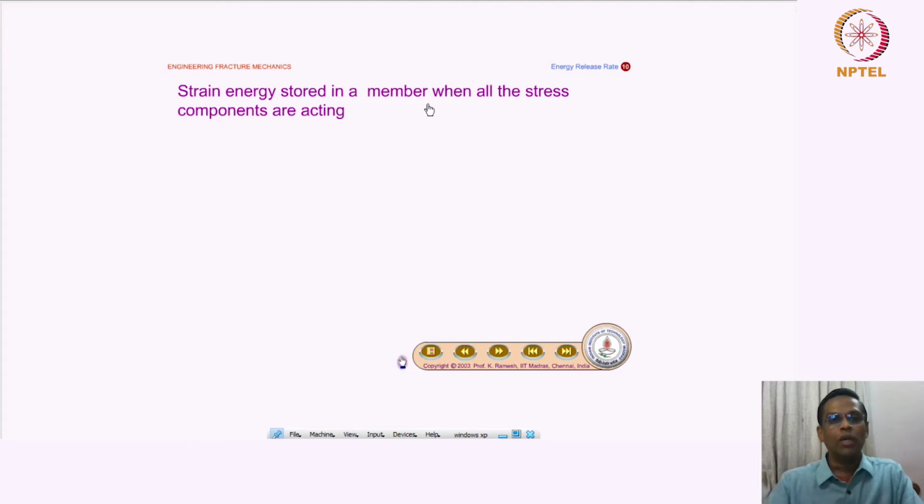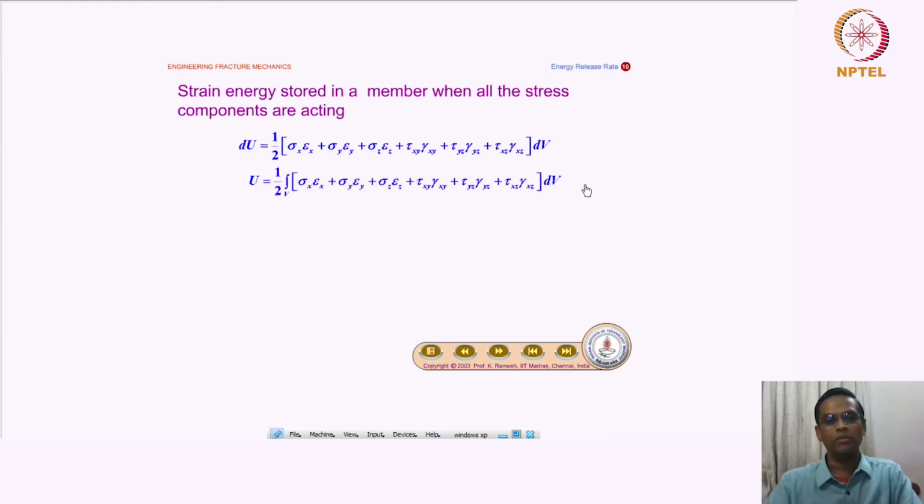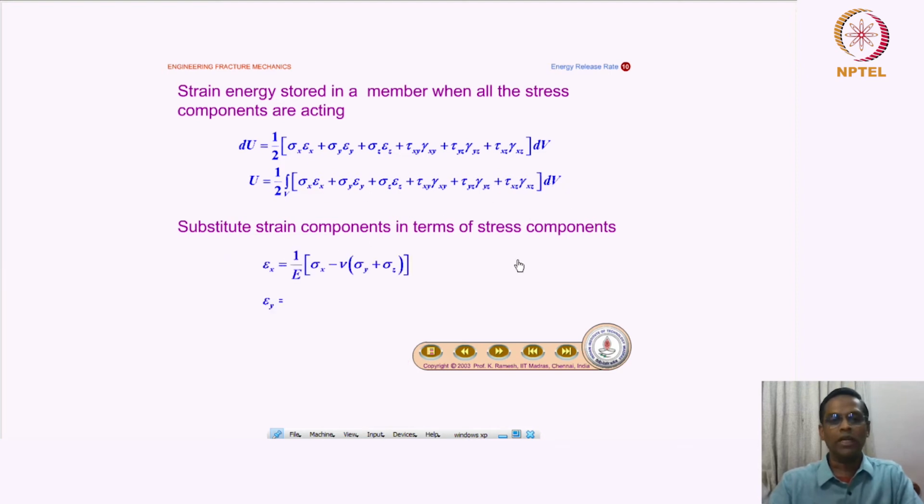Strain energy stored in a member when all the stress components are acting, both normal and shear stress. Then the expression becomes like this. Okay, this is one equation which explains all the stresses, and then we can now substitute these strain components in terms of stress components.